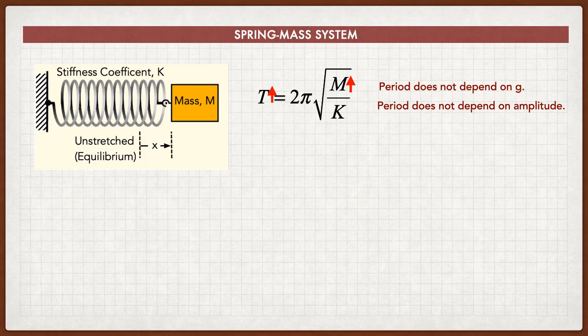Bigger mass, bigger period. And what if spring stiffness was increased? That's what makes the mass move back toward equilibrium. K is downstairs. Bigger K, smaller period.